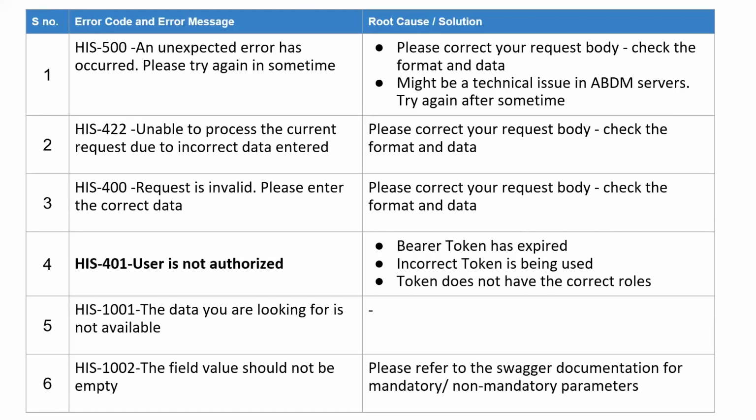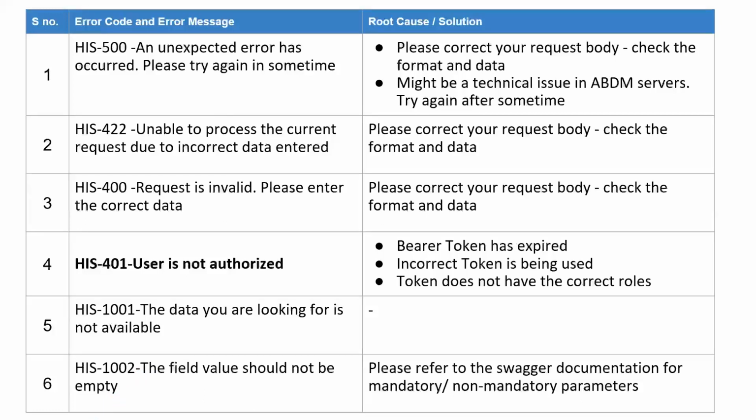Apart from that, the HIS 400 error is also a business error. It means the request is wrong, or the application expects a certain request but you are not passing the correct validation things. At that moment you get this 400 error. HIS 401, user not authorized.